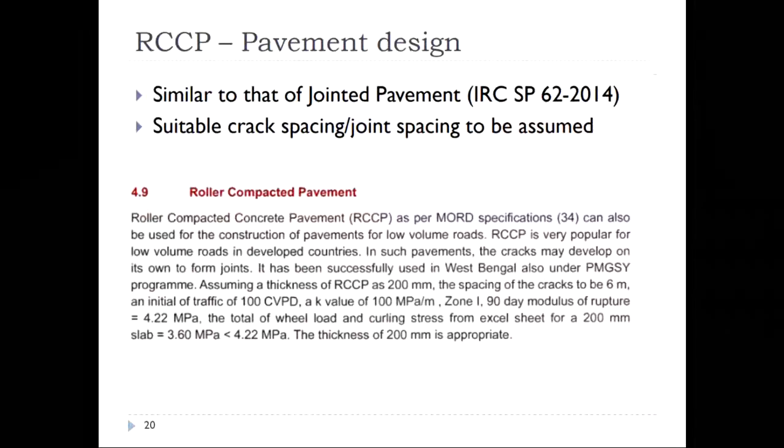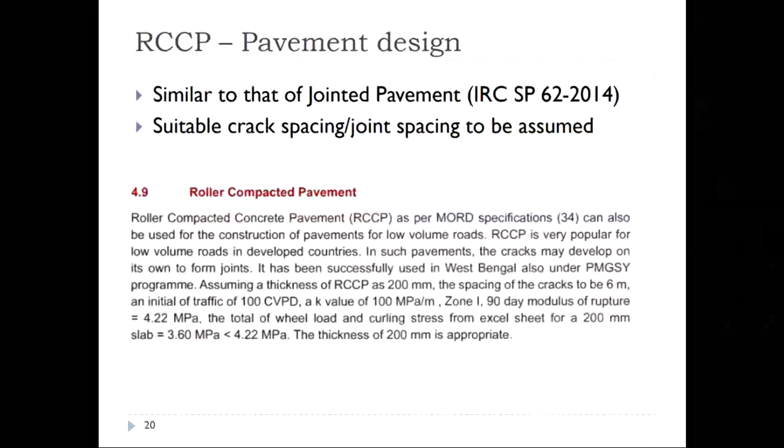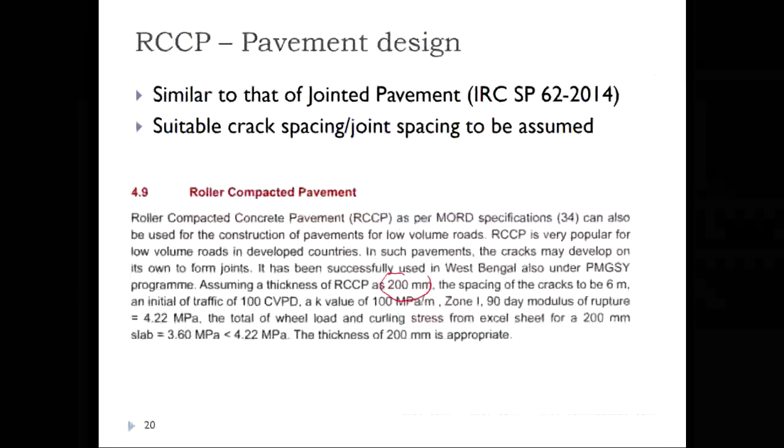Just because you are following the analysis similar to that of conventional concrete pavement, when you consider the curling stresses because of daily variation in temperature, and because your slab dimension is about 6 meters, this would result in higher flexural stresses, and this is one of the reasons why we are arriving at a thickness of about 200 mm.